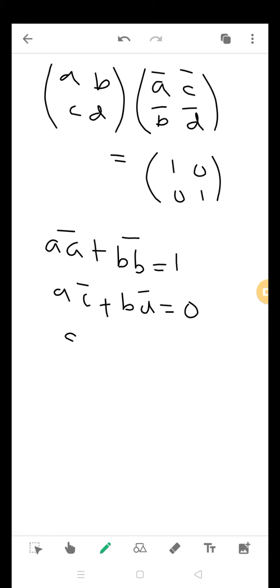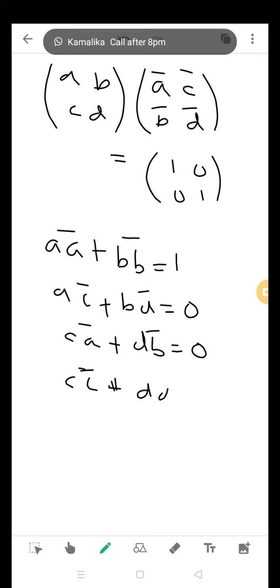Then C A bar plus D B bar is equal to again 0, and C C bar plus D D bar is equal to 1.